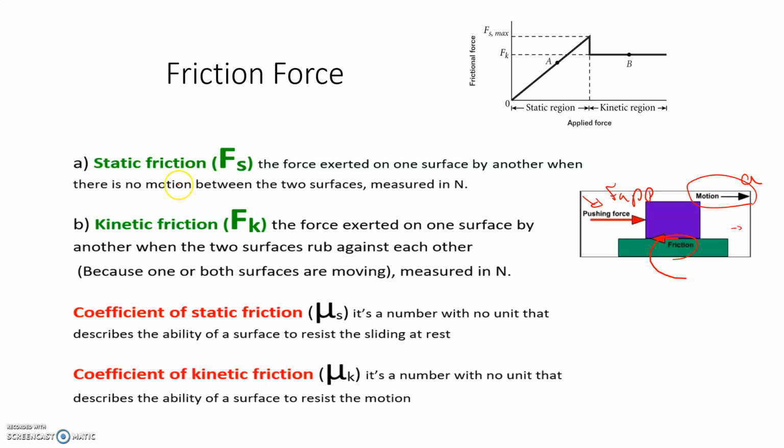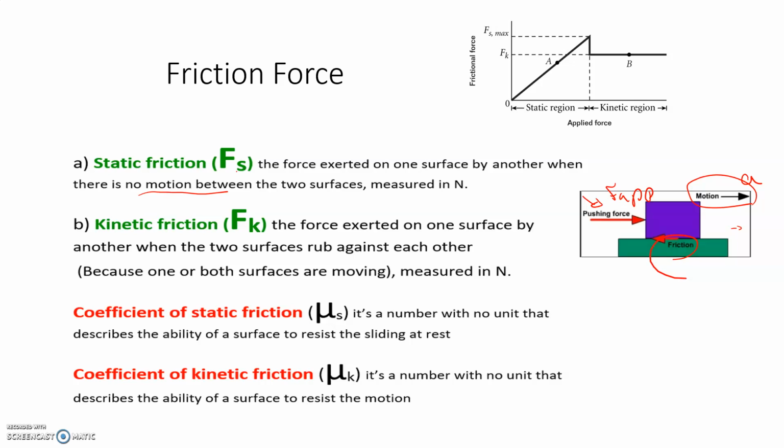So I have two types of friction, static, Fs, and kinetic or dynamic friction, Fk. What is the difference between them? Static is the force exerted on one surface by another when there is no motion. No motion. I keep applying a force on my table. The table is not moving. Why? Because of static friction.